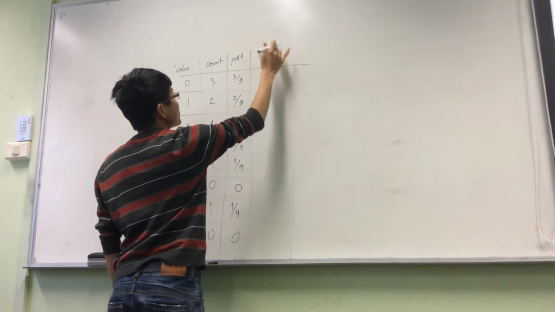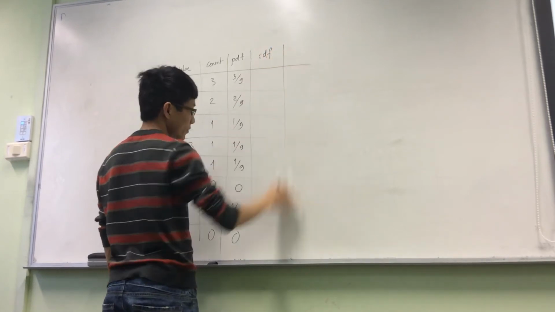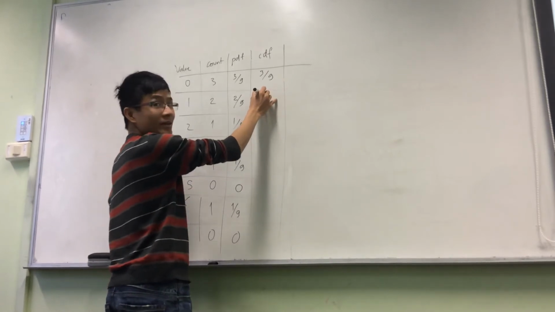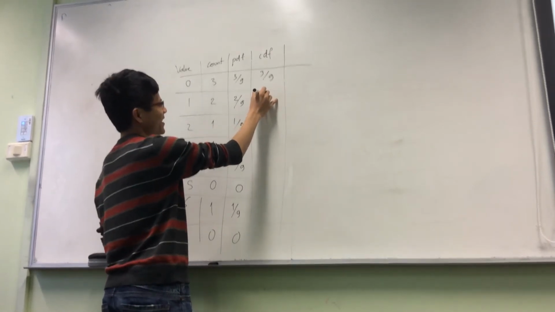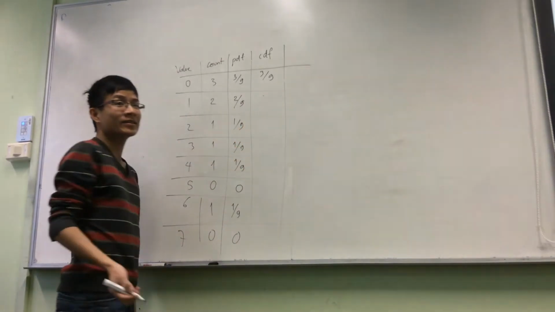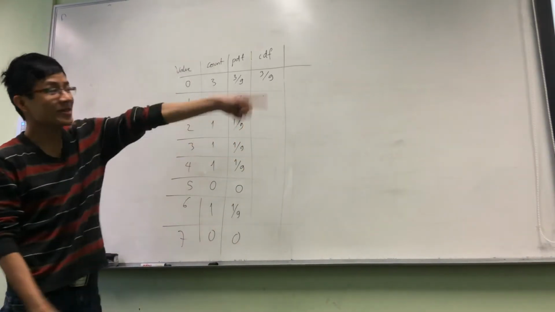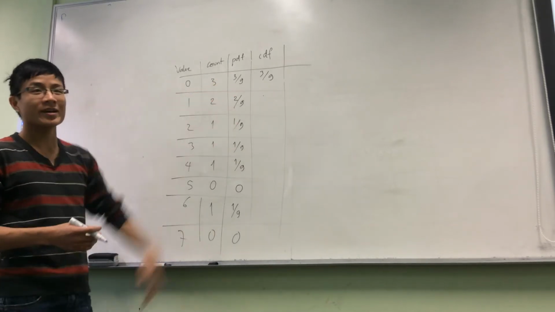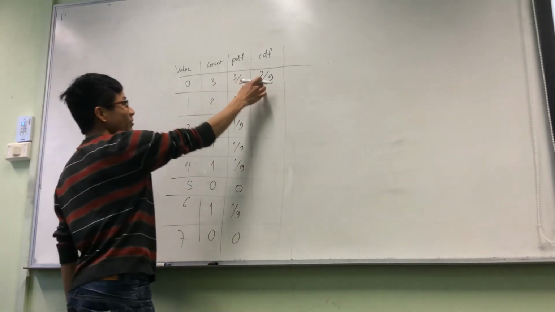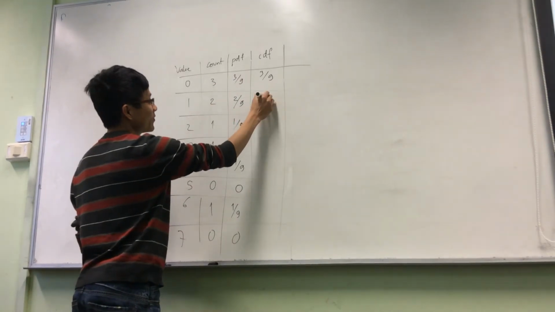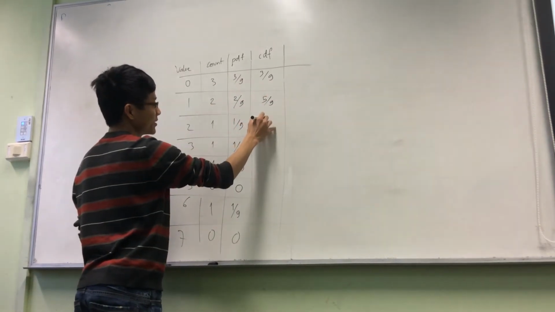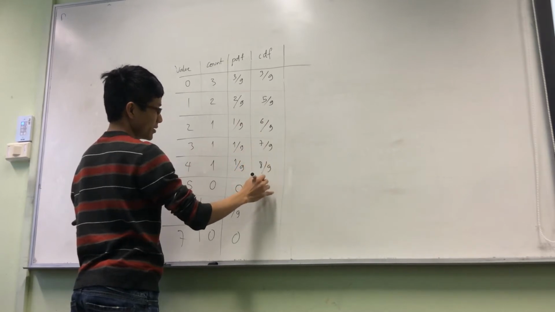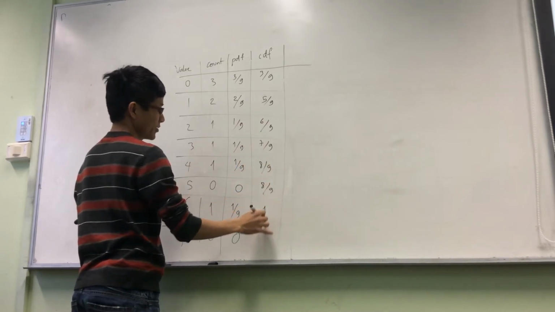That would be 3/9. There are 9 pixels in total, so probability, and then 3 of them, 3/9. The CDF here will be 5/9, 6/9, 7/9, 8/9, 8/9, 9/9.